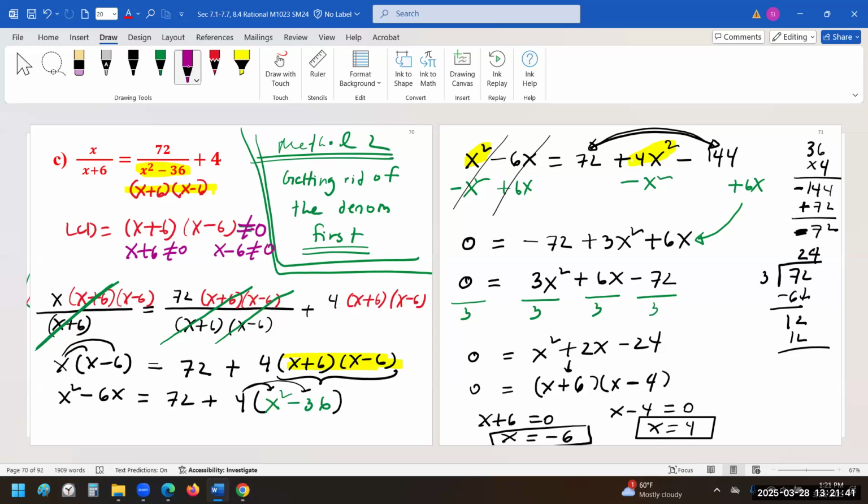None of the things we have on the LCD can be 0. None of them. That means x cannot be which number? -6. And x cannot be what else? +6. So there are two numbers you definitely cannot substitute for your x.